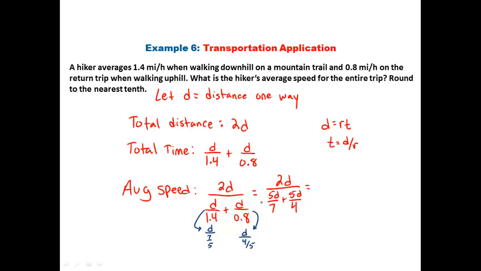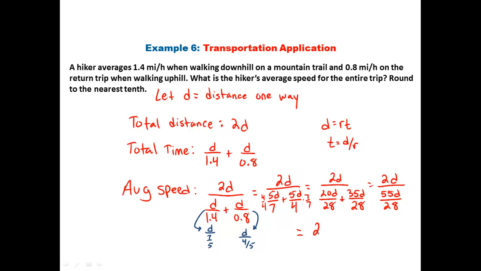So it looks like the first one's going to need a 4, the second one's going to need a 7. So we're going to get 20d over 28 plus 35d over 28. Let's see, 20 plus 35 is going to give us 55d over 28.